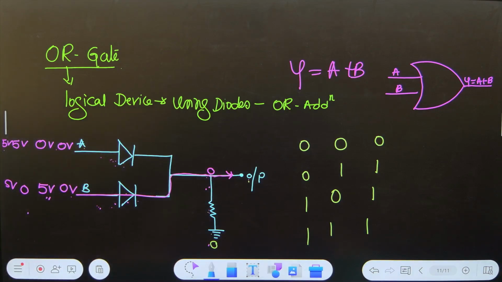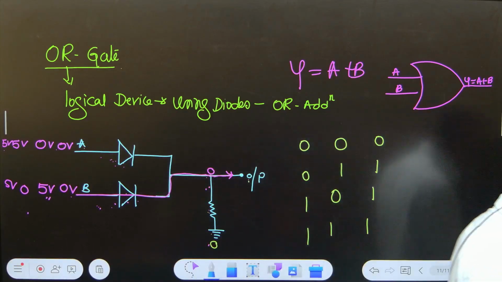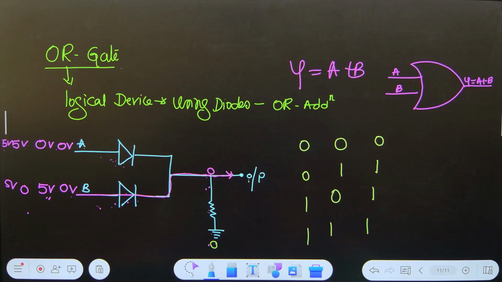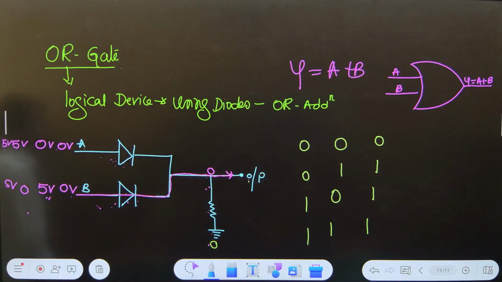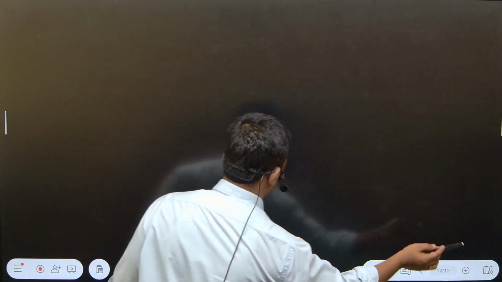Next is AND gate. So AND gate, as usual, AND gate is a logic gate, works on AND multiplication, and we already know what is AND multiplication.